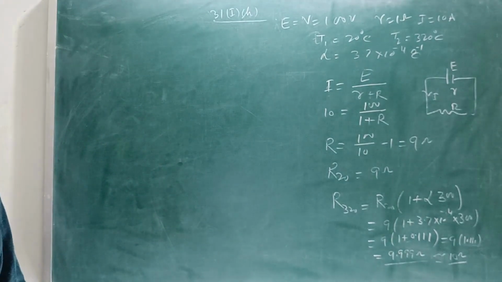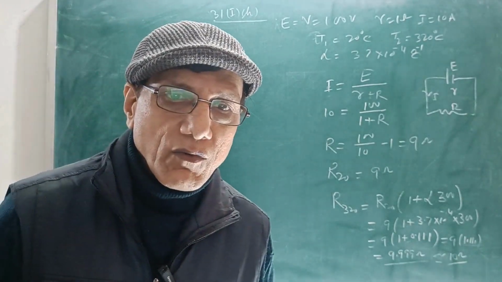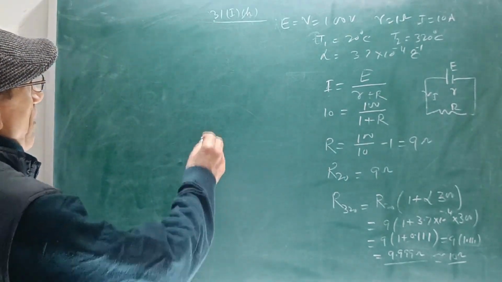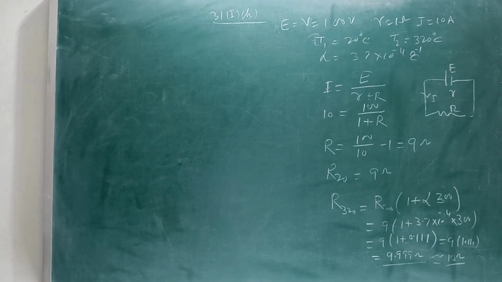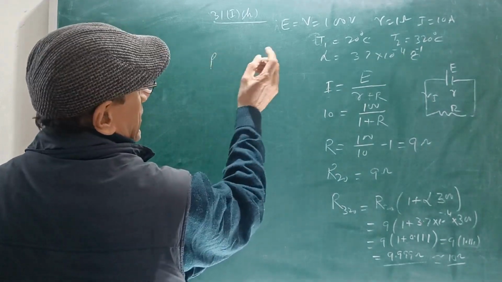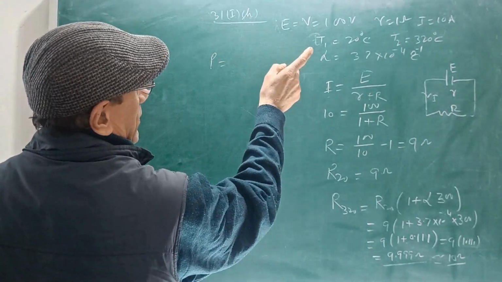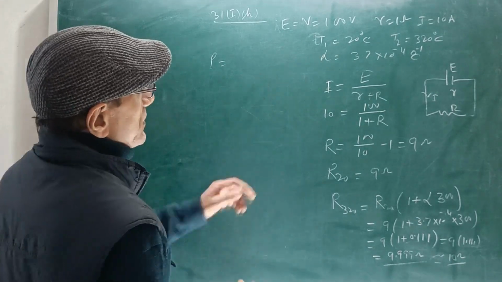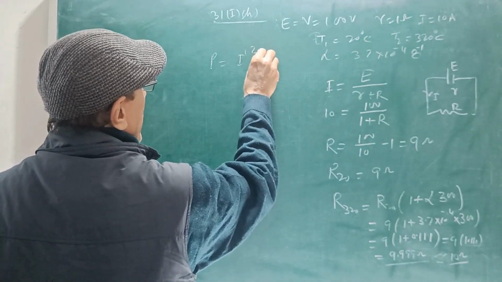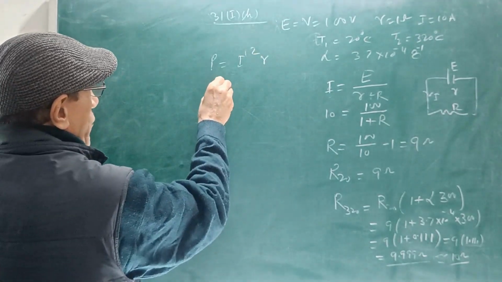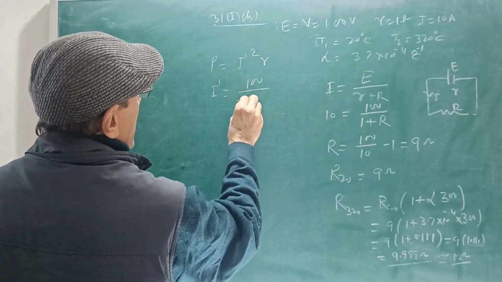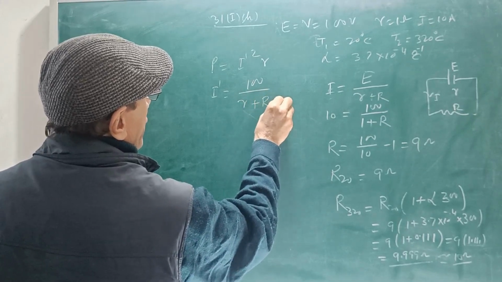Now we have to find the power consumed by the battery itself. The power dissipated by the battery itself, that means due to the internal resistance, will be I dash square into r. And how will be the I dash? I dash will be equal to again 100 upon r plus R320.